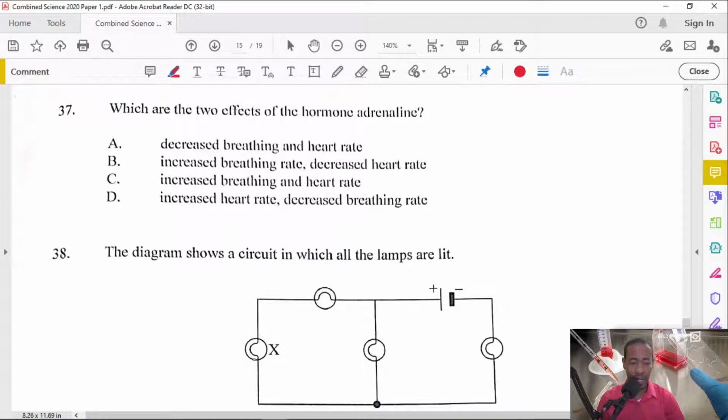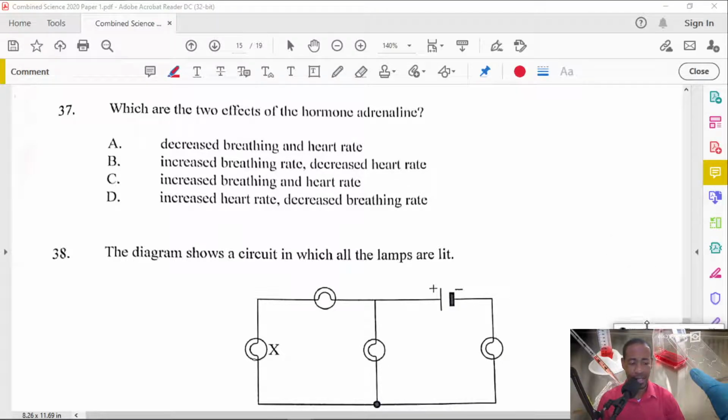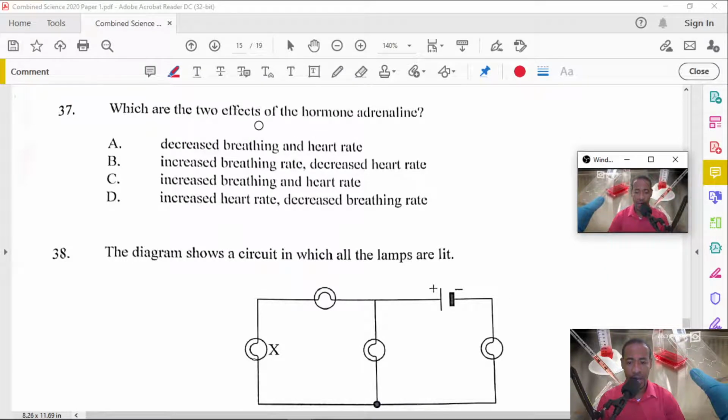Number 37. Let's look at what question number 37 is asking us. It said, which are the 2 effects of the hormone adrenaline? So what are the effects of adrenaline on our body? Remember, adrenaline is what they call the fright and flight hormone.